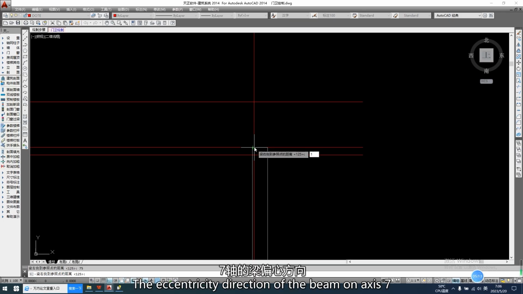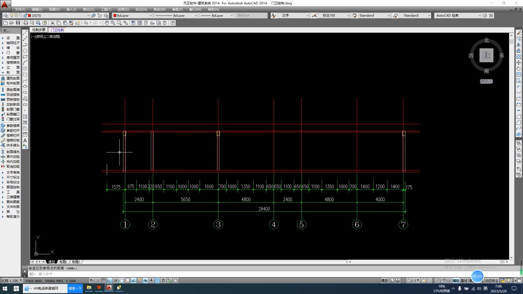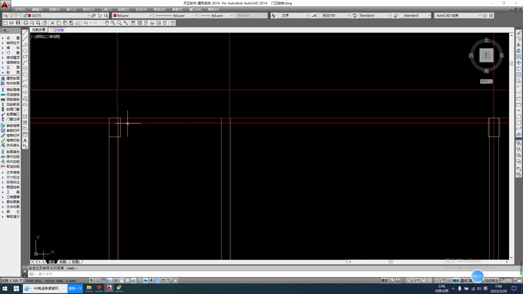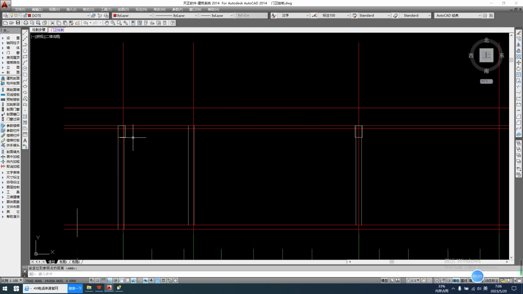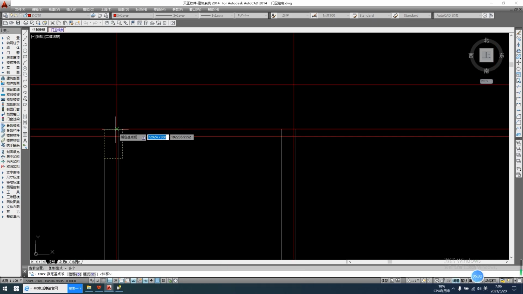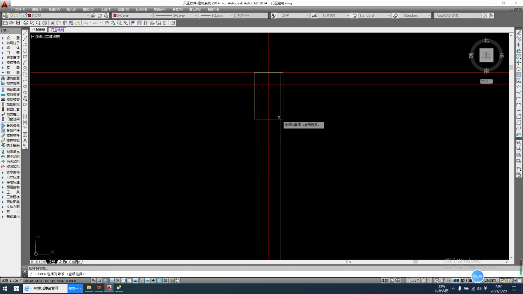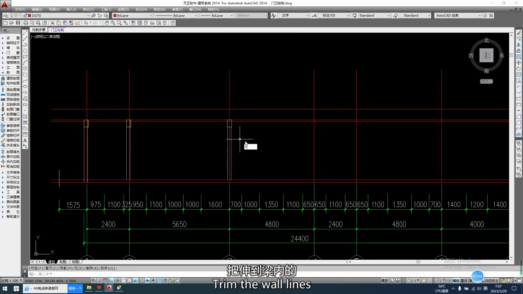The eccentricity direction of the beam on axis 7 is opposite to that on axis 1. We can copy the beams on other axes. Trim the wall lines that extend into the beam.